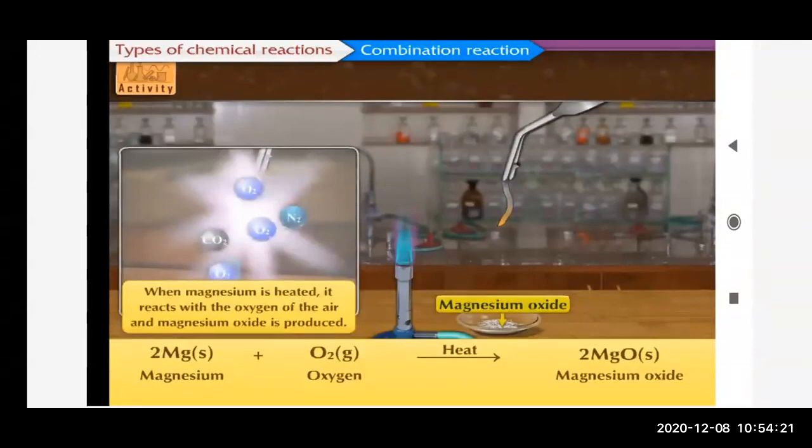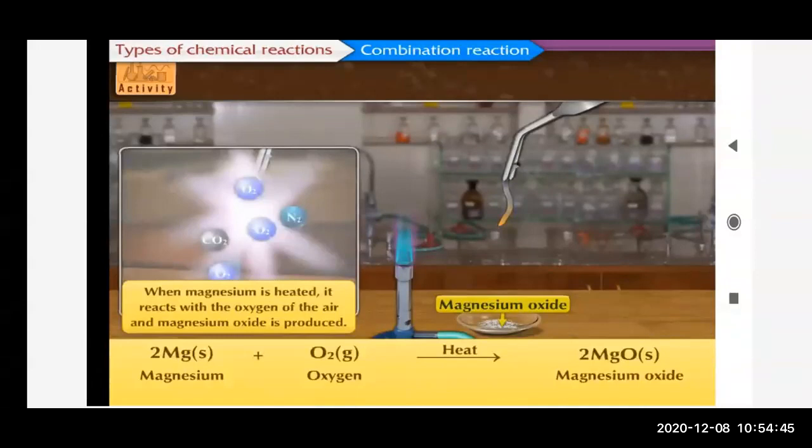In this reaction, magnesium oxide is formed as a single product by the combination of magnesium and oxygen. Here also there are two reactants and only a single product. Initially we also saw an equation with two reactants and one single product, and in this equation also there are two reactants and a single product.